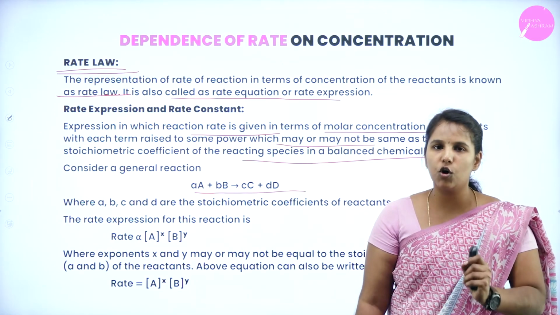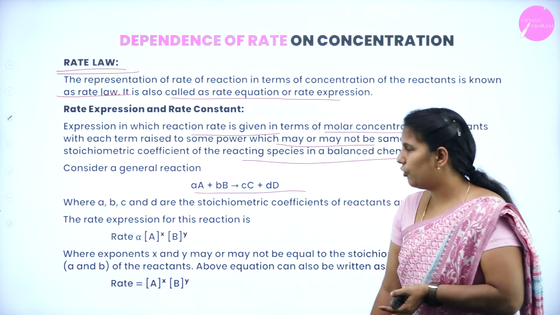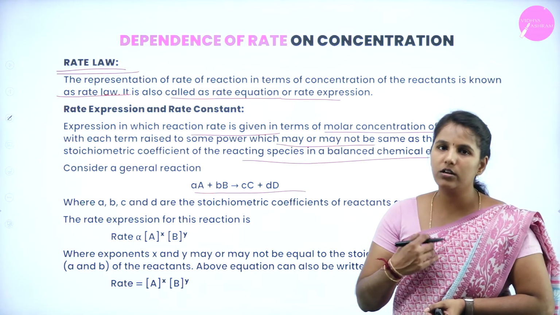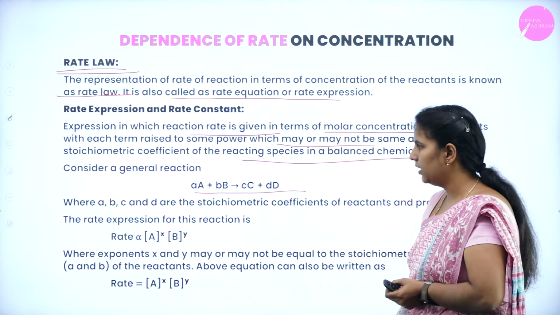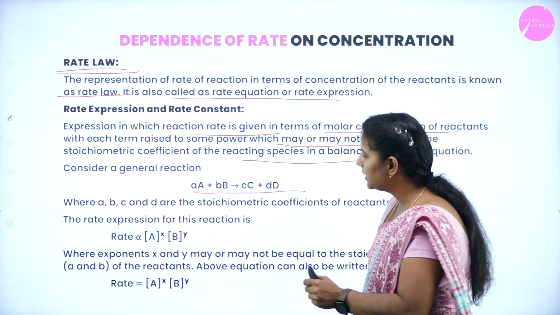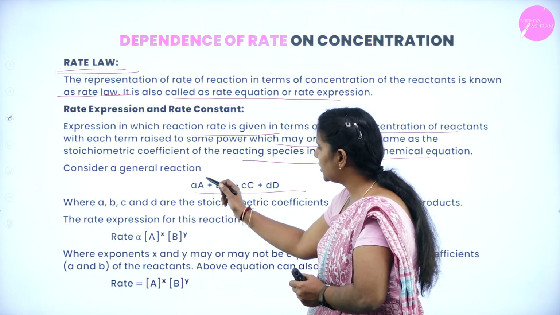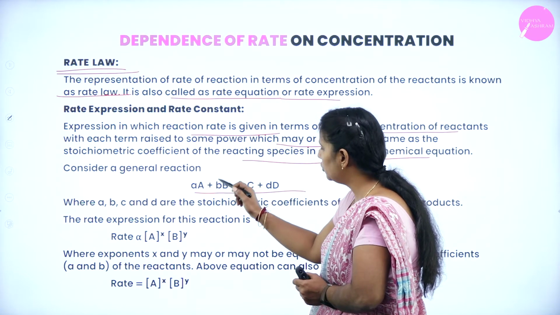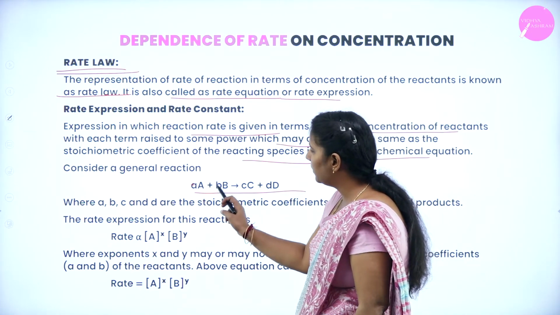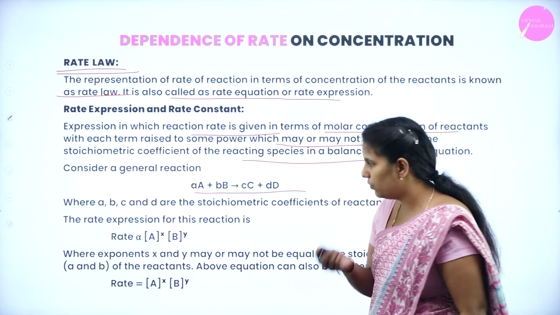Here small a, small b, small c and small d are the stoichiometric coefficients. Why do we write the stoichiometric coefficients? In order to balance the chemical reaction, right? So the rate expression can be written as: rate is directly proportional to the concentration of A into the concentration of B. Here we won't write the stoichiometry as a and b. Instead of that we will write x and y.